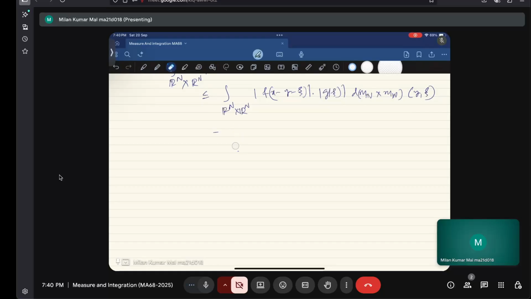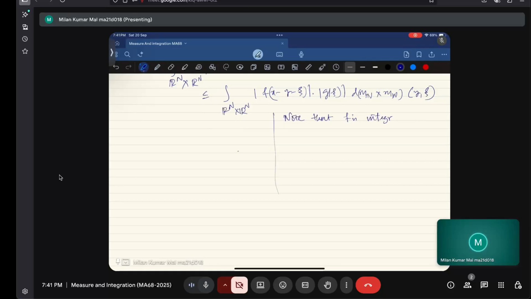Note that g is integrable, one can take g is integrable, and this follows directly from the fact that f and g are integrable.